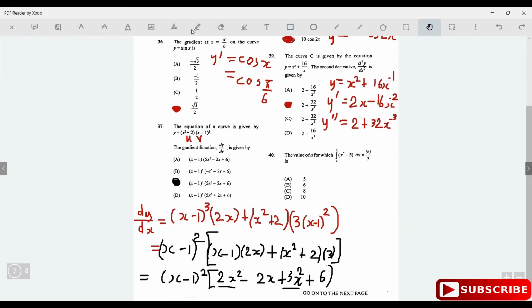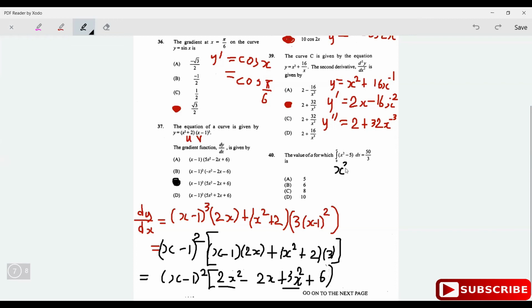Question 40 says, find the value of a for which the integral from 0 to a of (x squared minus 5) is 50 over 3. So when you integrate x squared, you're going to get x cubed over 3, minus, when you integrate 5, you get 5x, right?